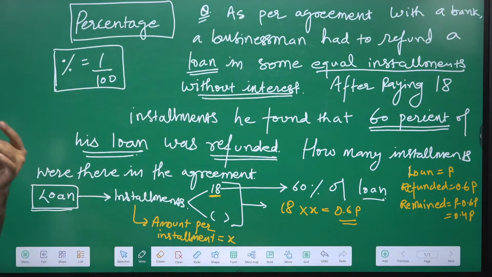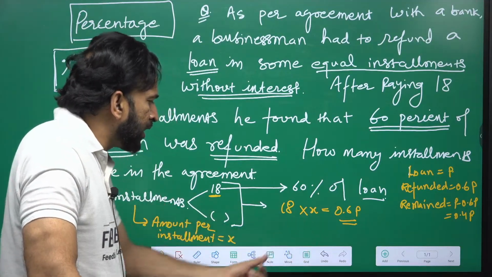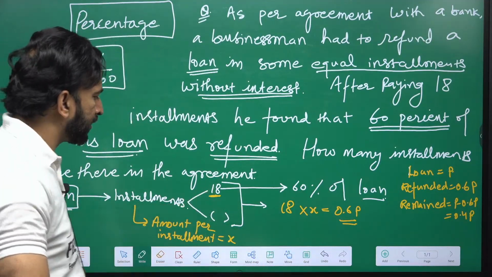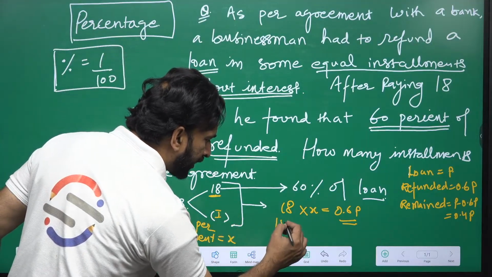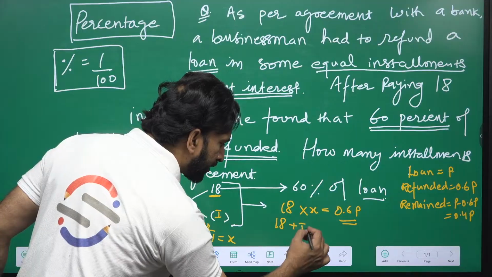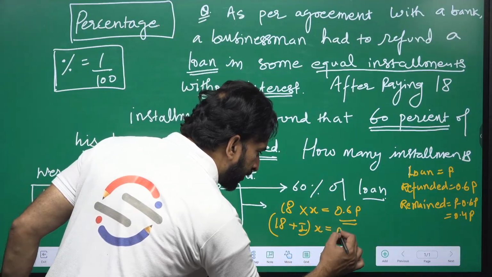Let the total installments be 18 plus I. So 18 plus I multiplied by X equals P.